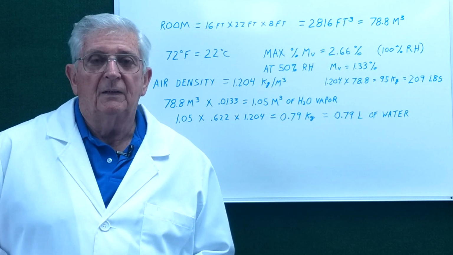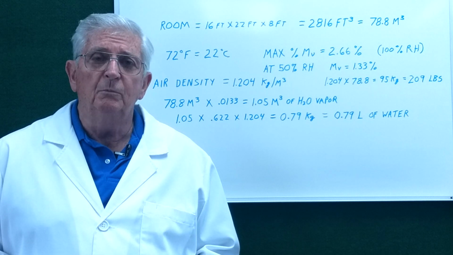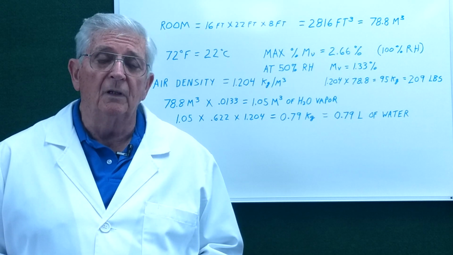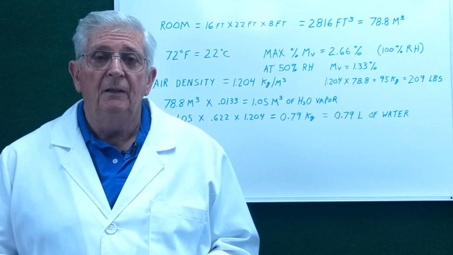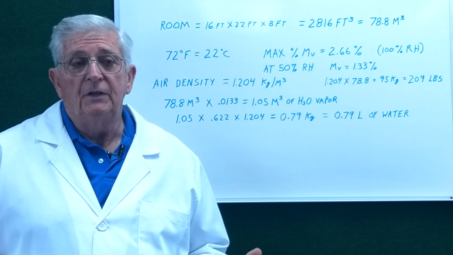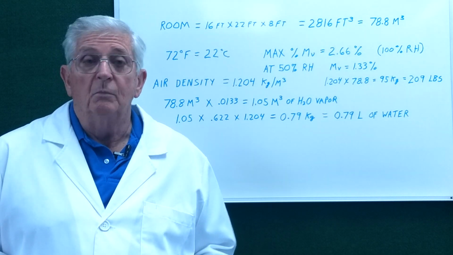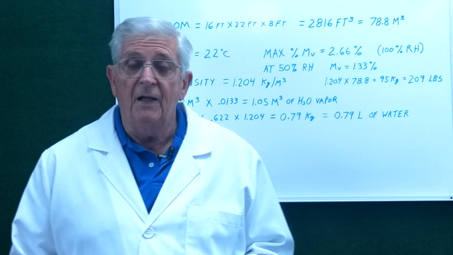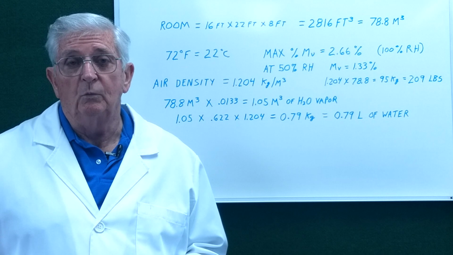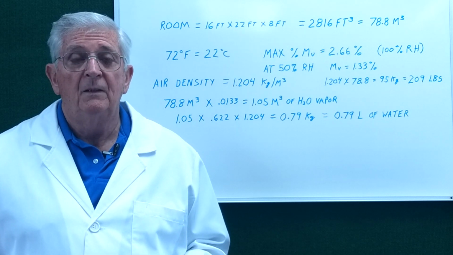So as we just showed, that table can be used in a lot of different ways. And let me show you a typical calculation of something that you might be interested in that has to do with absolute and relative humidity.